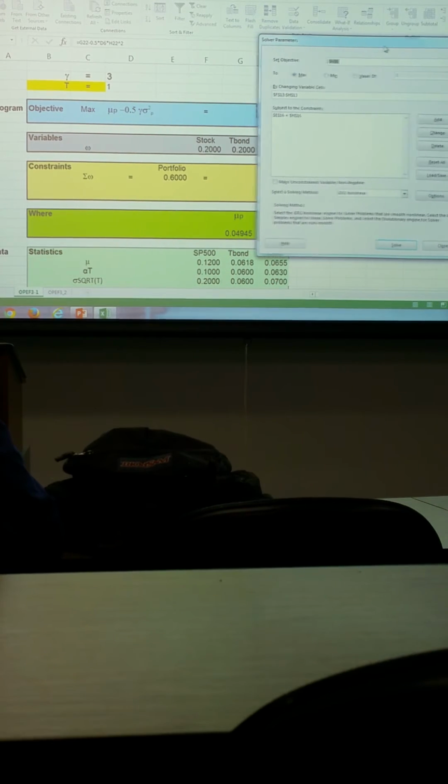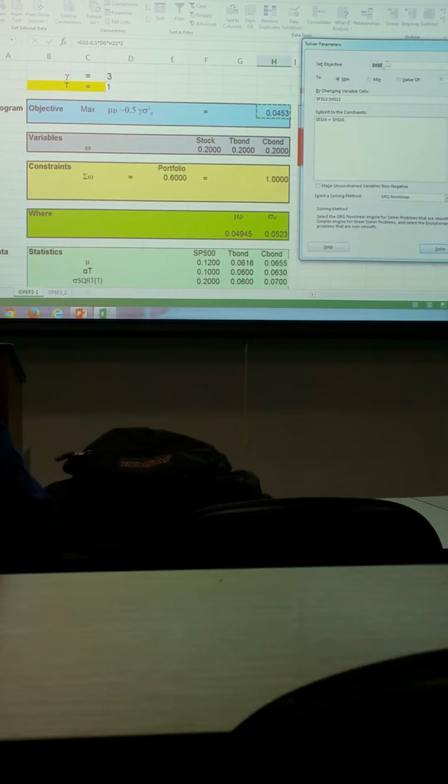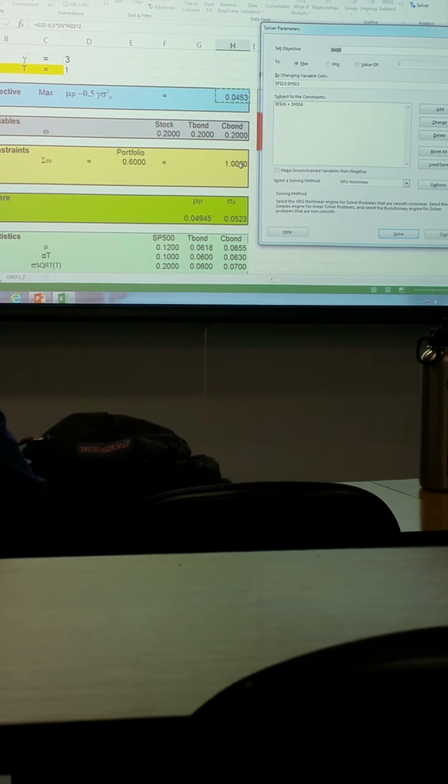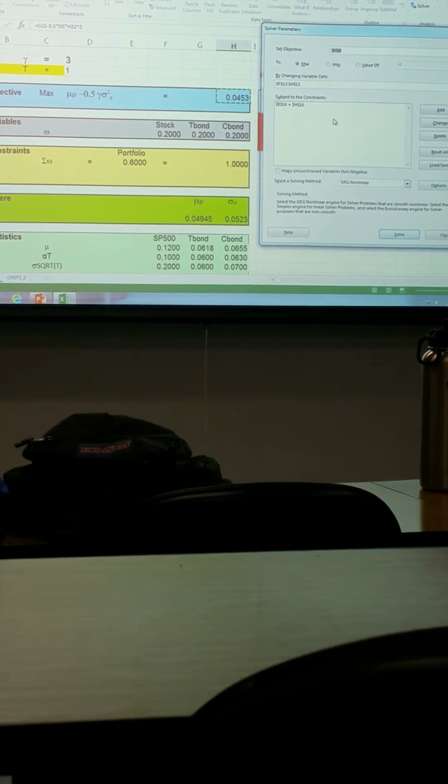Let's see, the objective function H9 is already set. We want to maximize by changing variables F13 through H13, subject to no constraint. First constraint, which is E16 equal to H16. Right? So it's done.